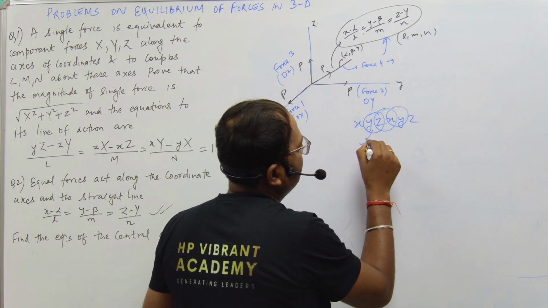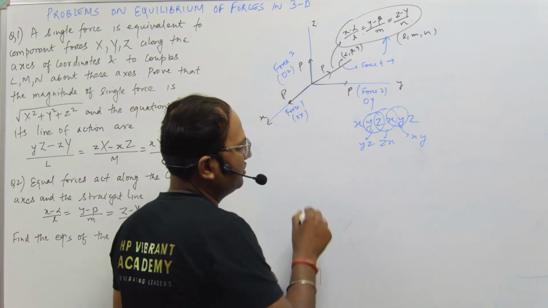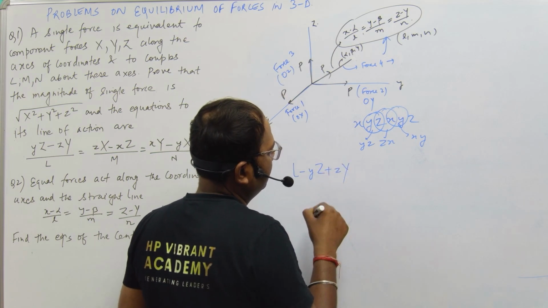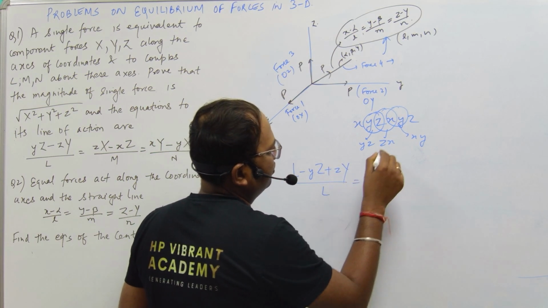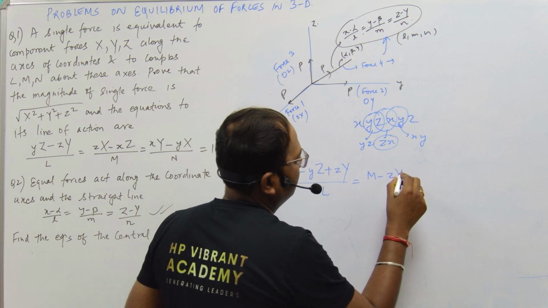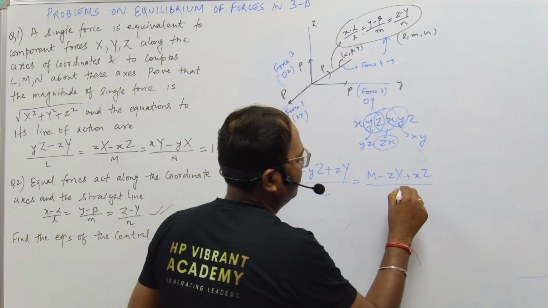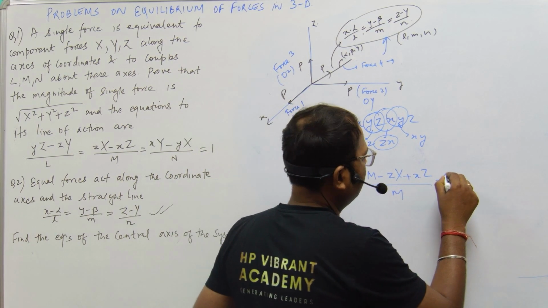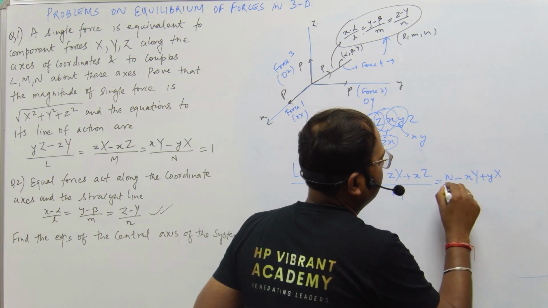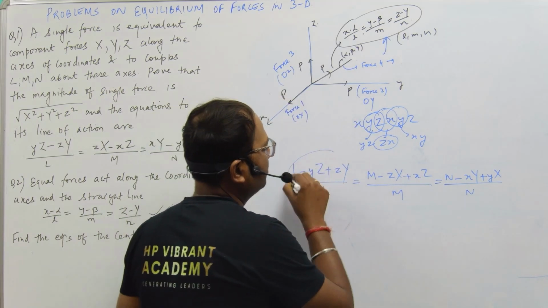The equation of the central axis is (L minus y capital Z plus z capital Y) by L, is equal to (M minus z capital X plus x capital Z) upon M, which is equal to (N minus x capital Y plus y capital X) upon N. So this is the equation of the central axis.